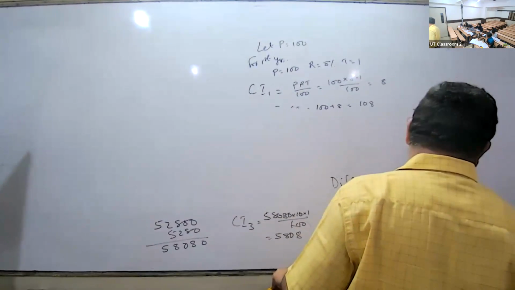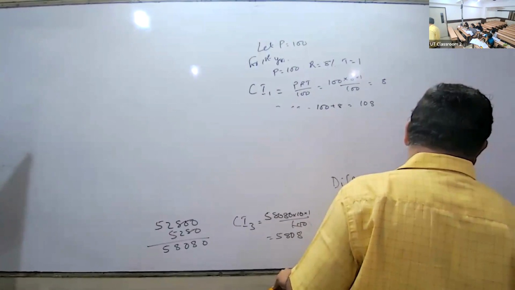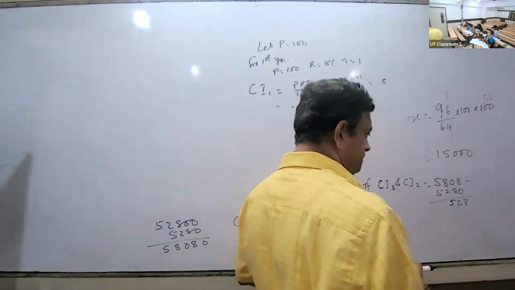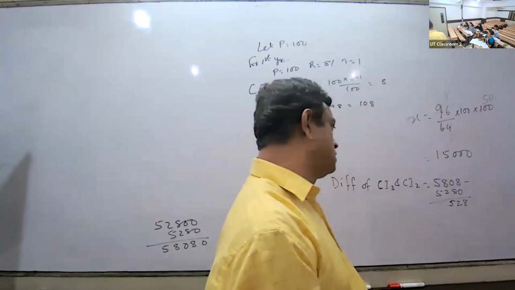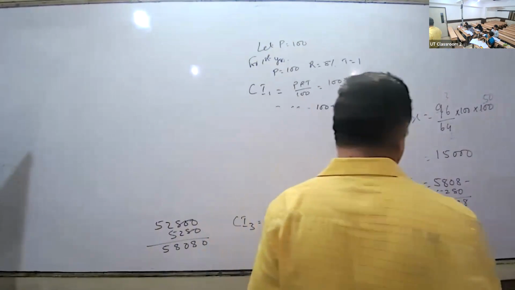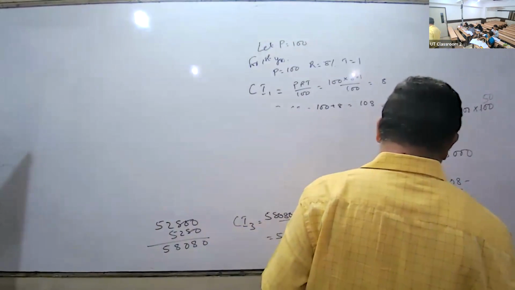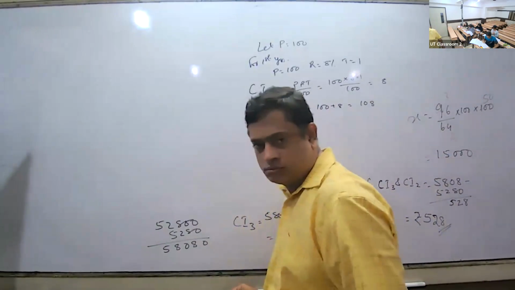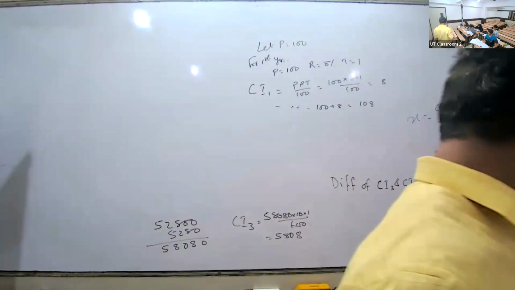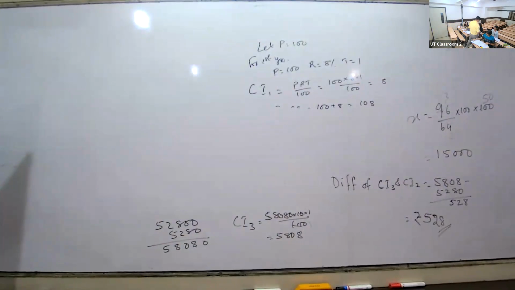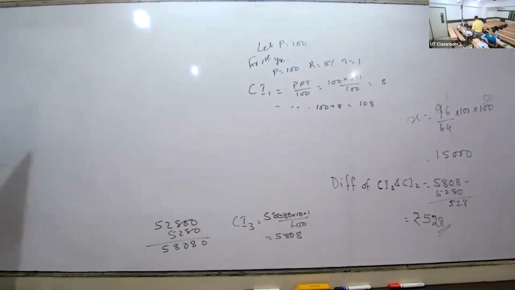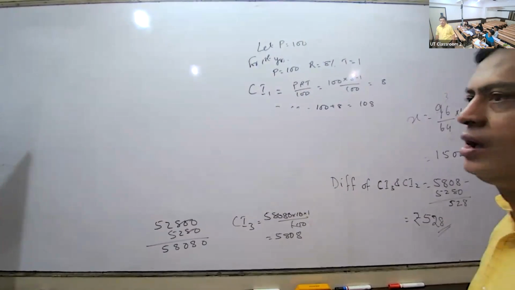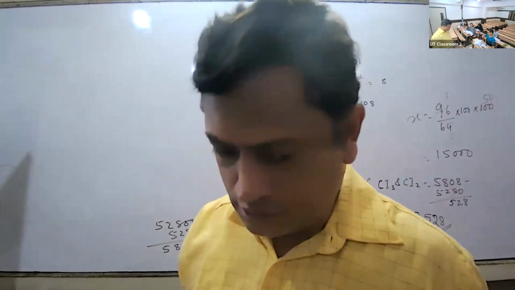That is 528. CI3 is 5,808 now? Yes, sir. It's subtraction now, a difference. Yes. Okay.